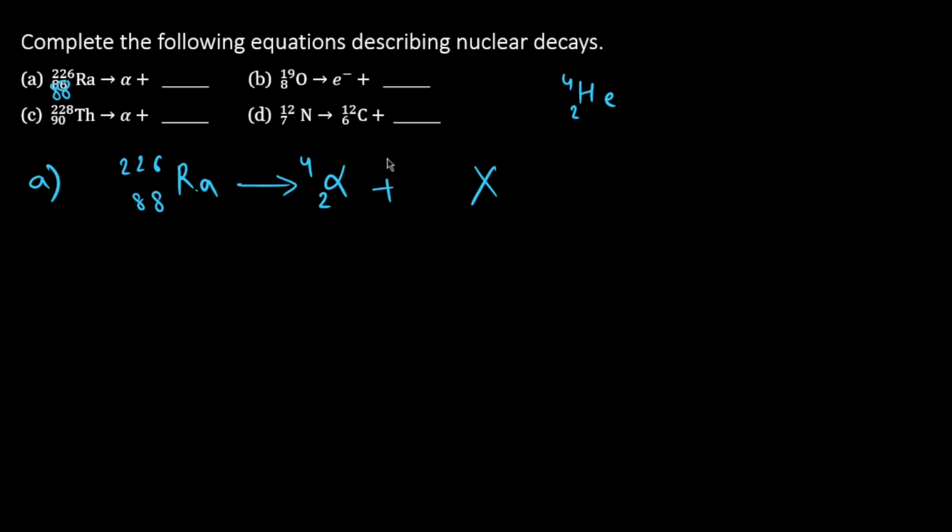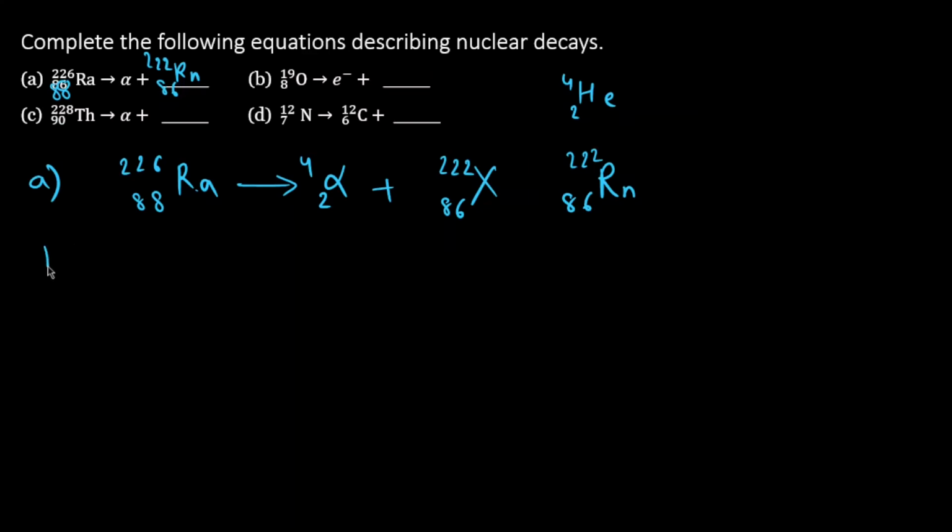So let's balance the equation. 226 minus 4 we get 222, and 88 minus 2 is 86. The element that has atomic number 86 is radon, Rn, so here Rn 86, 222 will come.